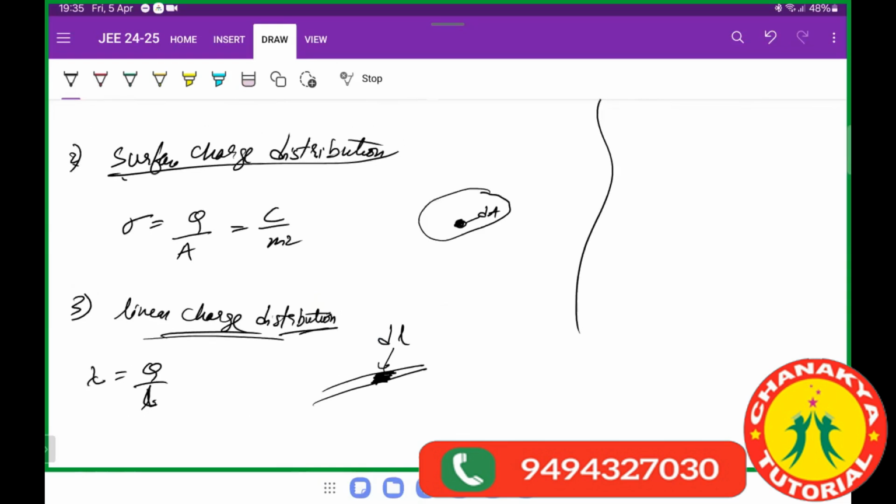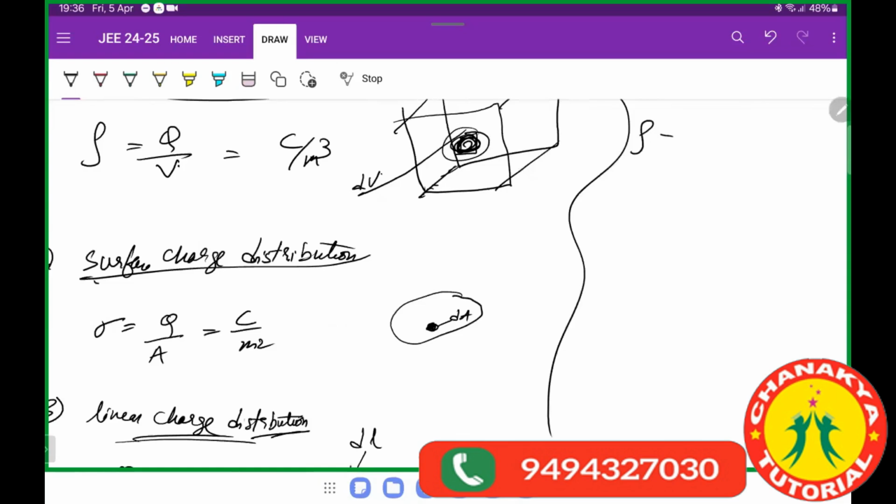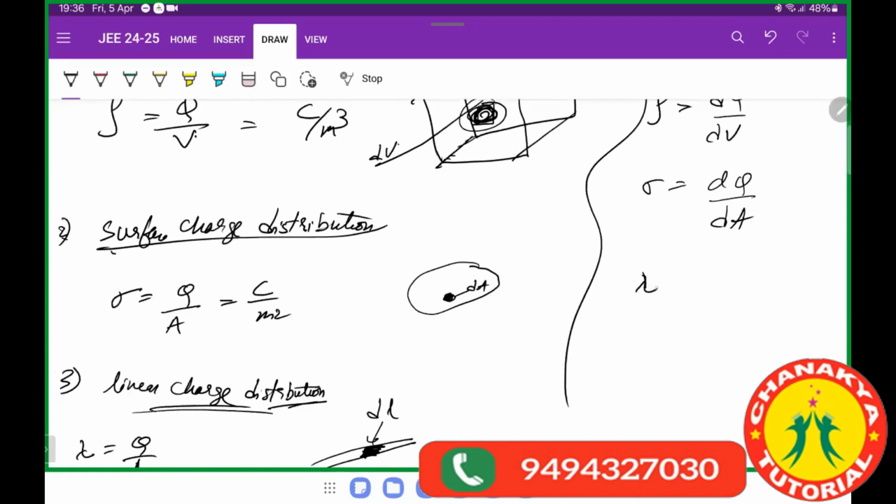So let's note all the formulas: rho is dq by dv, sigma is dq by dA, lambda is dq by dl. These three.